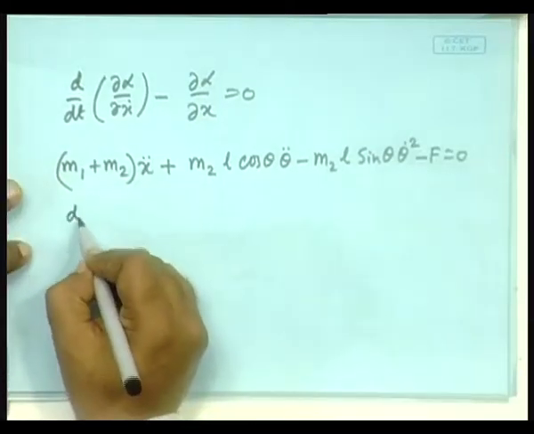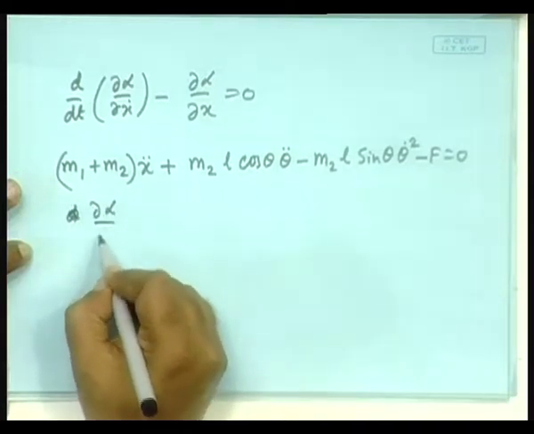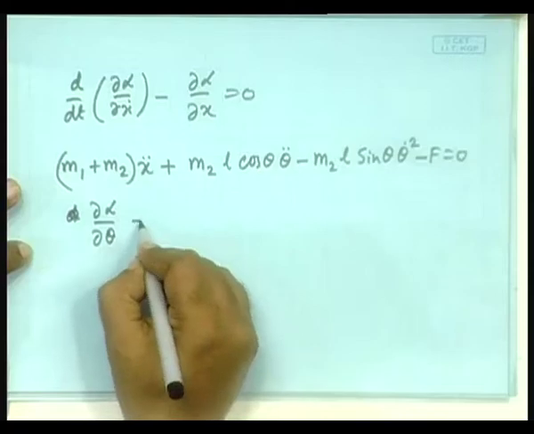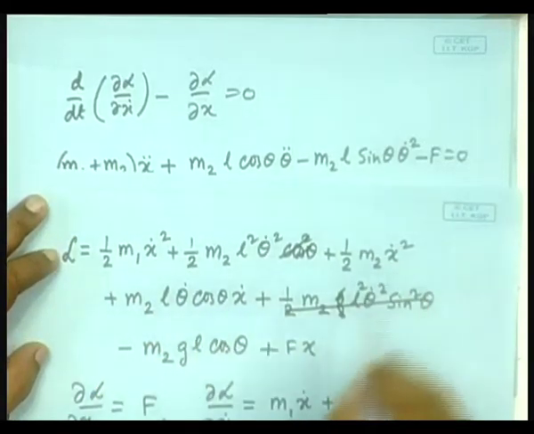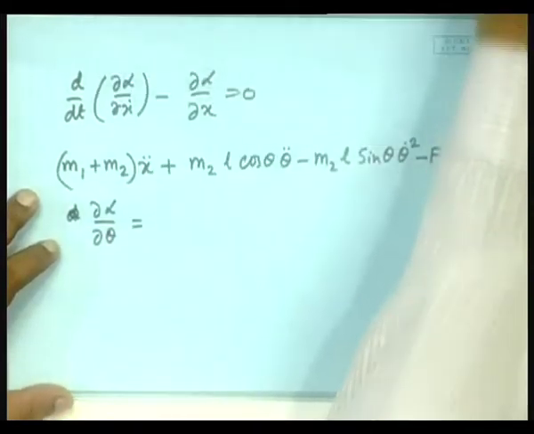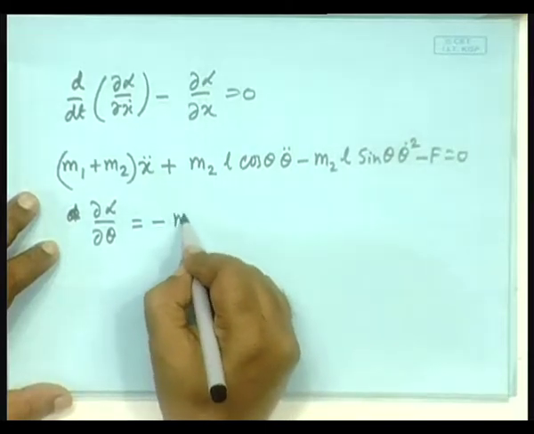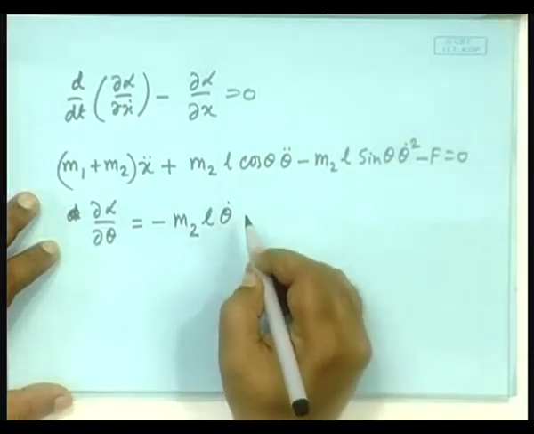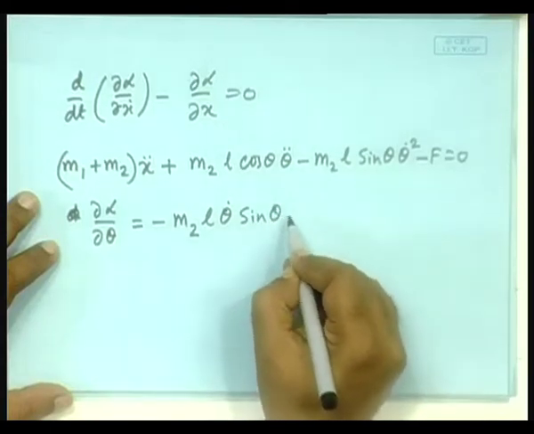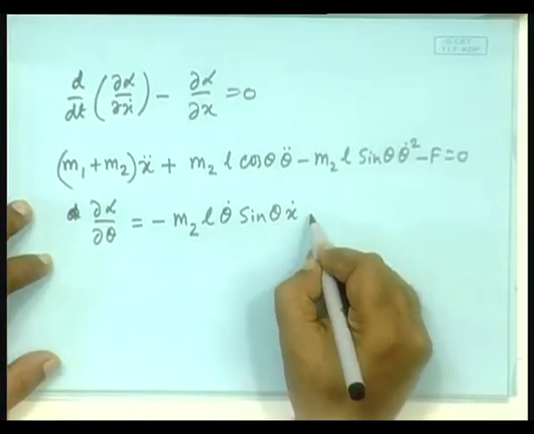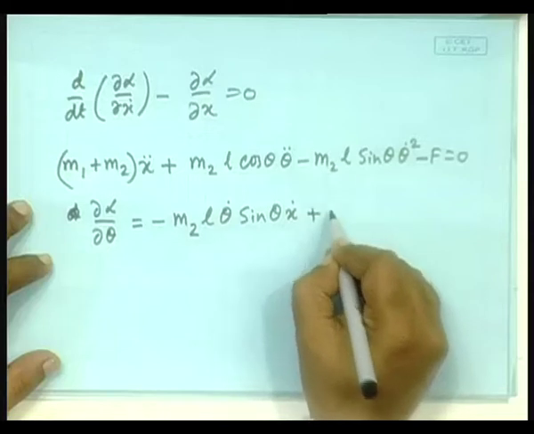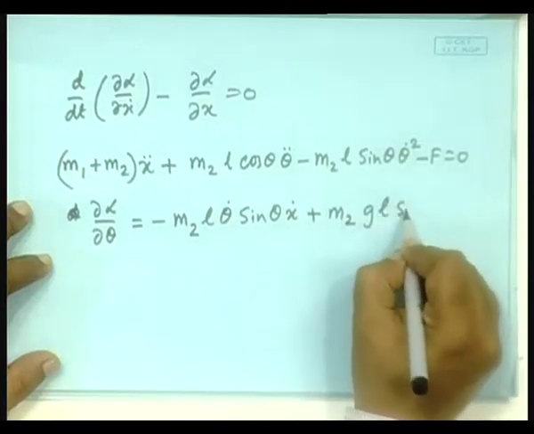Next one, derivative of Lagrangian with respect to theta. If you do it with respect to theta, can you see the expression? Yes, this goes off, this goes off, this goes off, this remains, this remains. So take the derivative correctly, it will be minus m2 L theta dot sin theta x dot, fine, plus m2 g L sin theta.